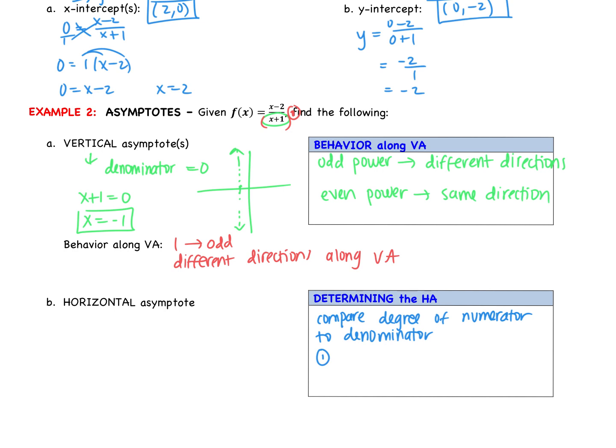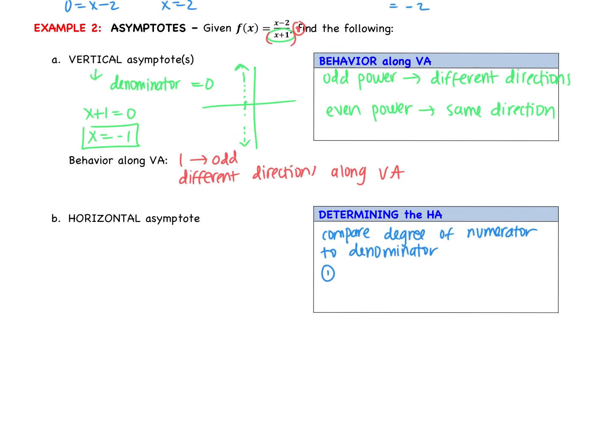And by degree, we mean highest power. There are 3 different cases. It could be that the numerator has a power that is smaller than the denominator. In that case, your asymptote is y equals 0.